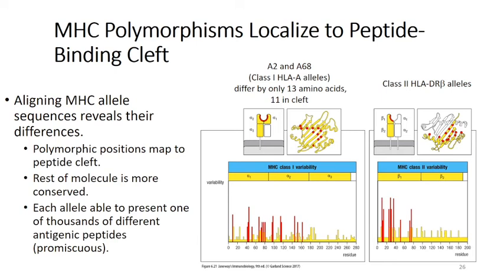So those MHC molecules are very promiscuous. They can present thousands of peptides.